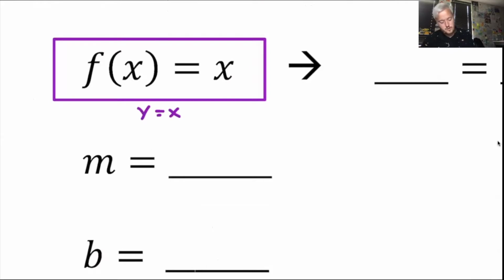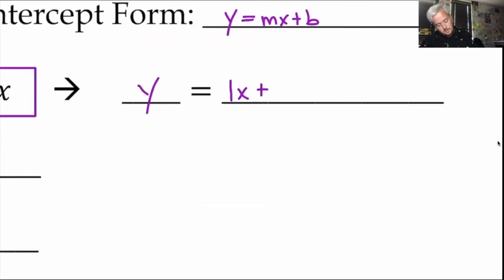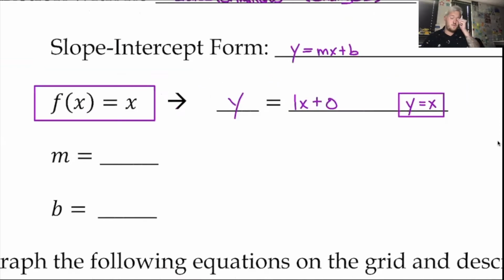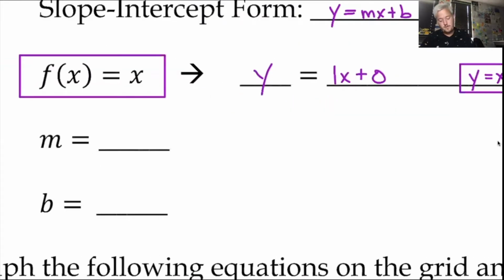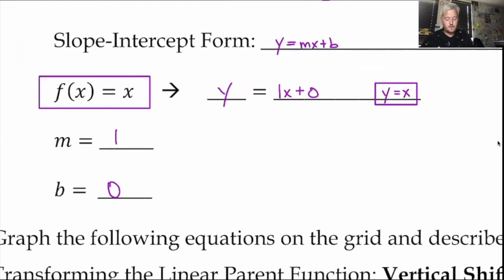So it's y equals 1x plus 0, or just y equals x. This is just the OG, the OG linear equation. If you notice, your slope is 1 with a y-intercept of 0. So it's also a direct variation, if you remember right.